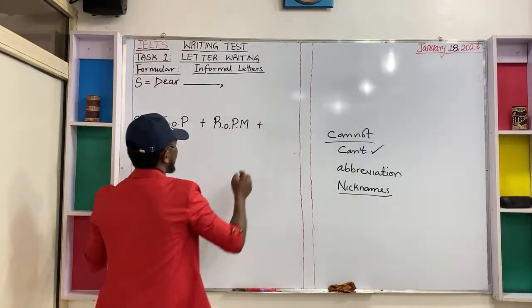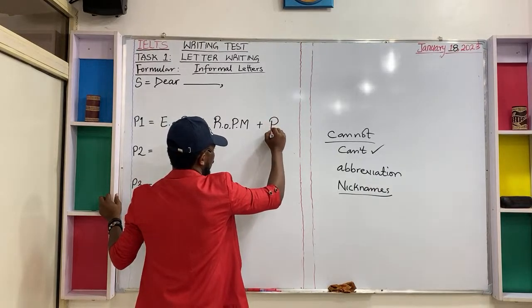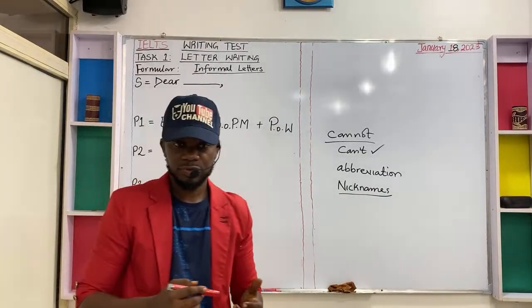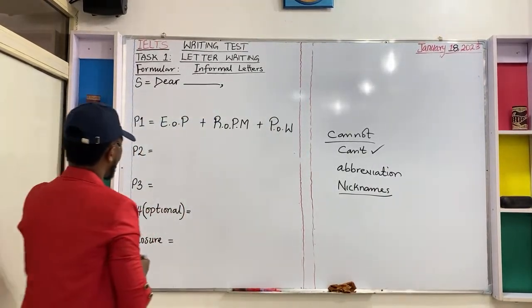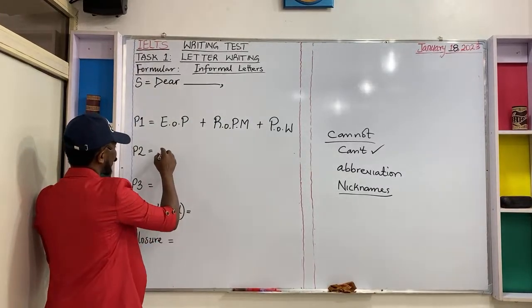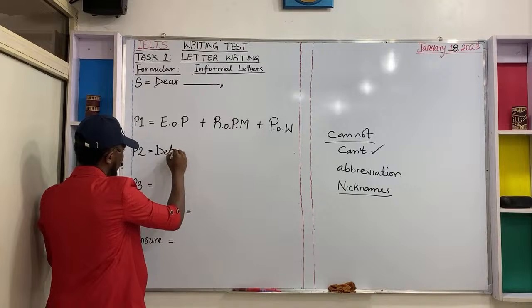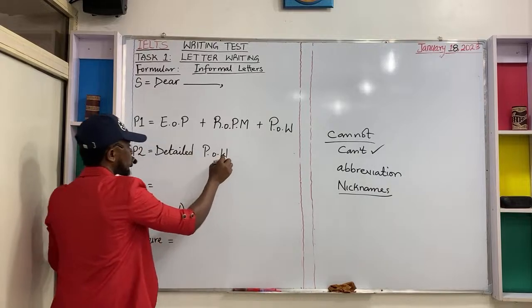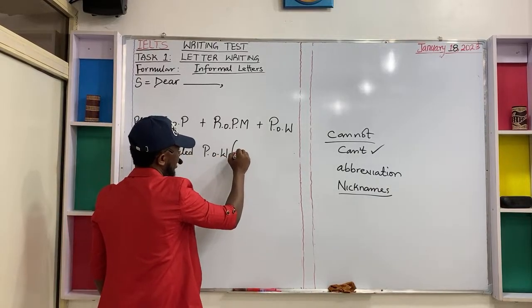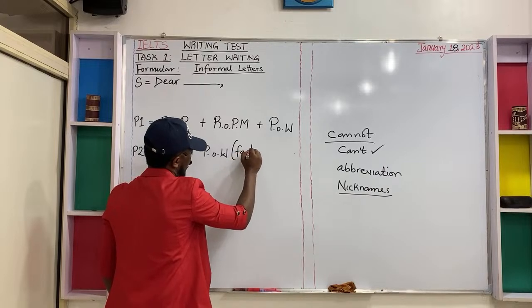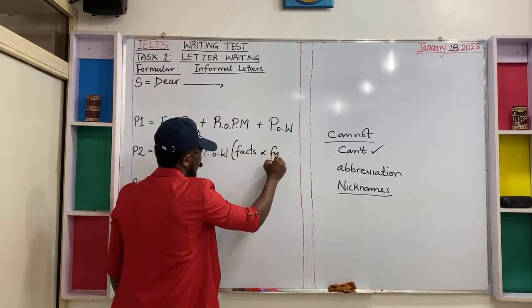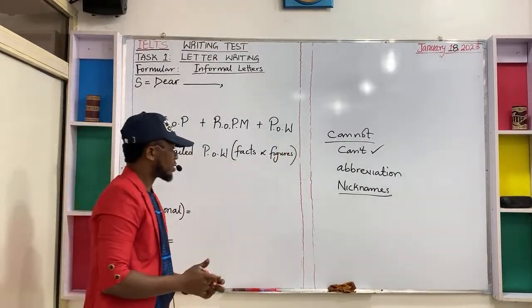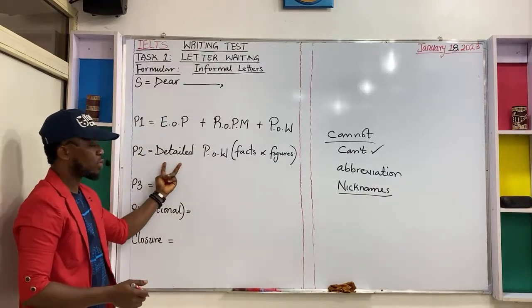Then after that, you bring in what we call purpose of writing. Then in your paragraph 2, you are expected to show off detailed purpose of writing. And to show off detailed purpose of writing, you're meant to bring in facts and figures. That's what will help to make it a lot more detailed.